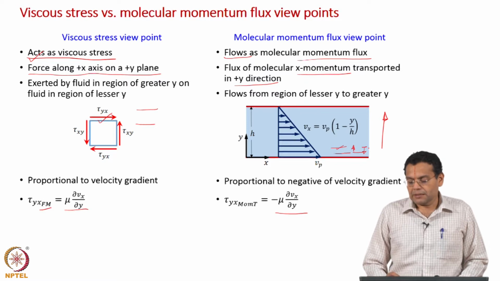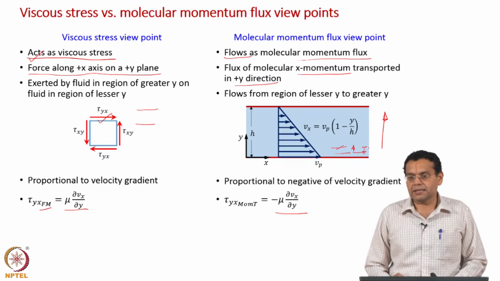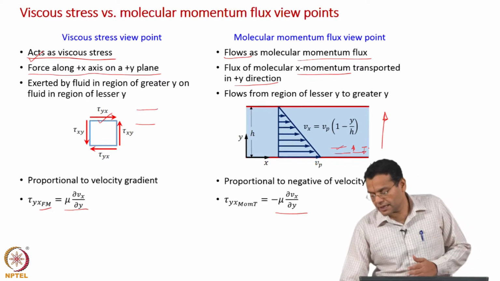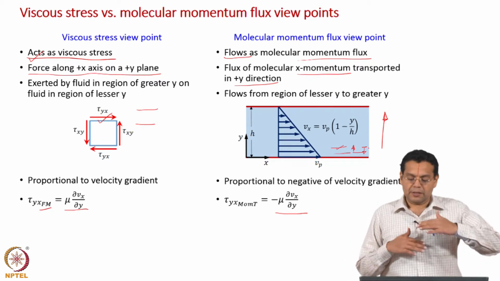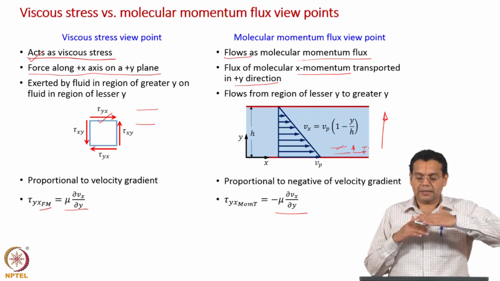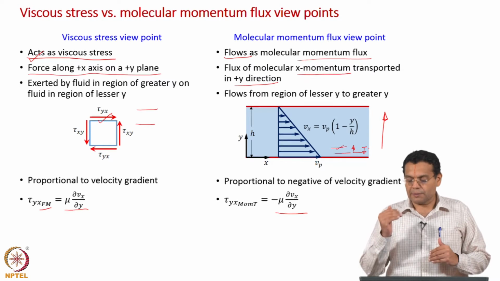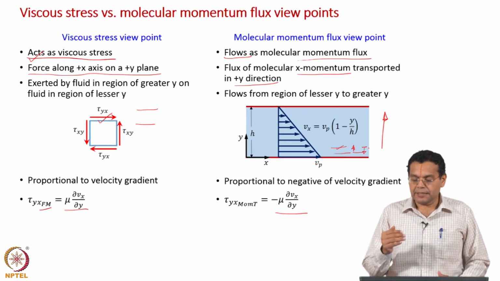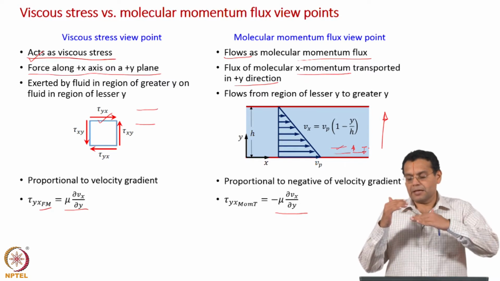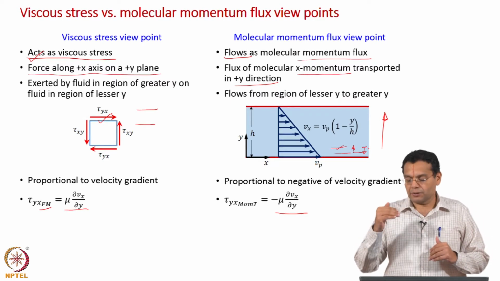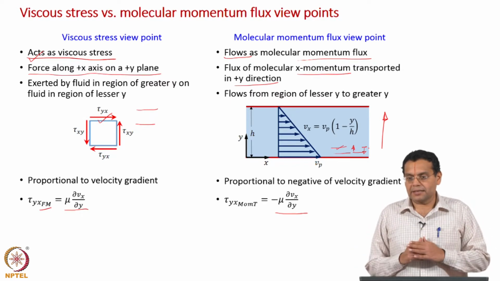So when you have deceleration and acceleration, you should have an associated force. On a layer of fluid, molecules from the lower layer to the upper layer need to be decelerated when they reach it, and molecules from the upper layer to the lower layer get accelerated.